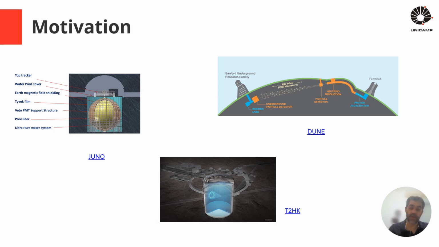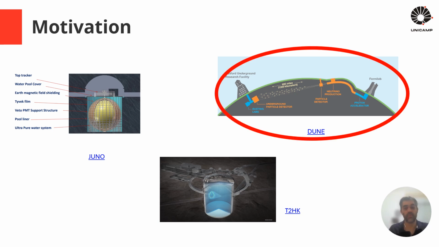I'm mainly focusing on DUNE in my talk, but the framework I'm going to develop applies to any long baseline neutrino experiment, and you can also modify it a little bit and apply it to other kinds of experiments as well.